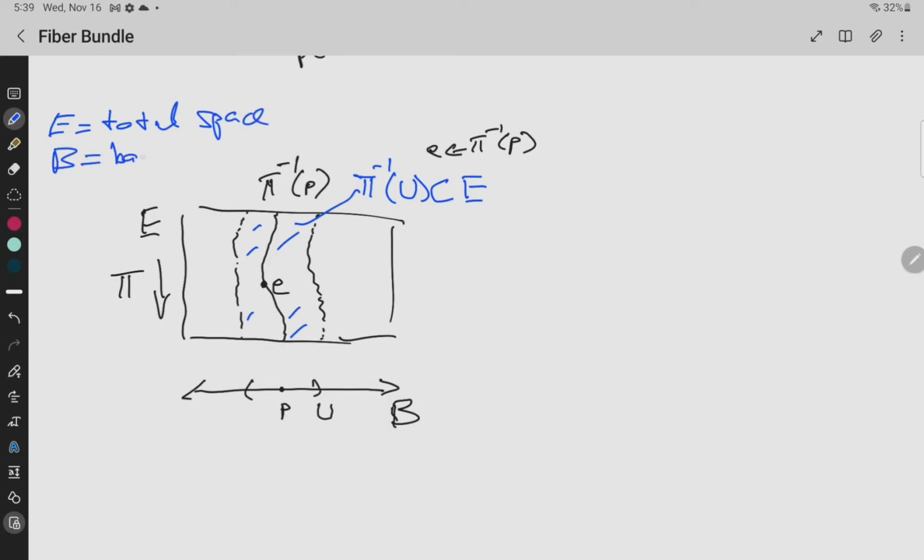Total space means that it contains the domain and the range at the same time. And B, you could think of as the base space, or the domain space, if you like. Then let W be some open subset in the neighborhood of e in the total space. So W here is a subset of pi inverse of U.